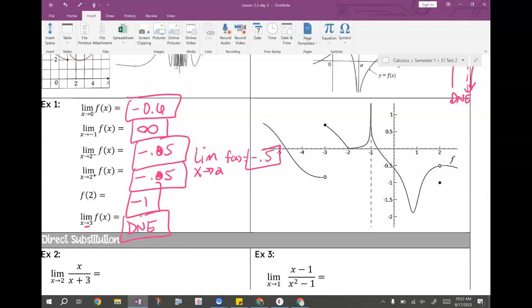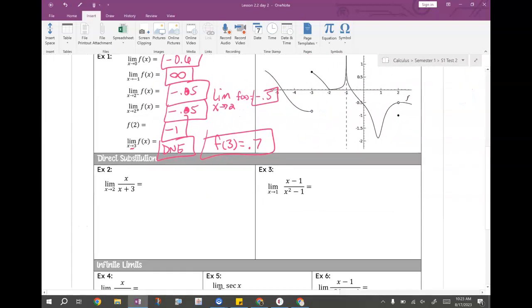Approaching from different sides. Does the function exist there? Yes. What is the function value? Like 0.7. Is it 0.7? Yep. We're going to go with it. Are you guys okay there? Yes. Awesome.